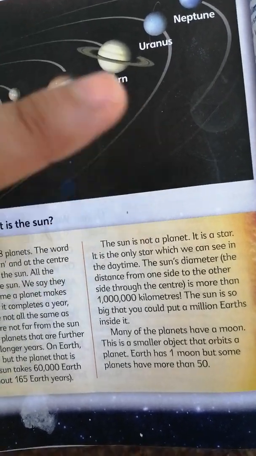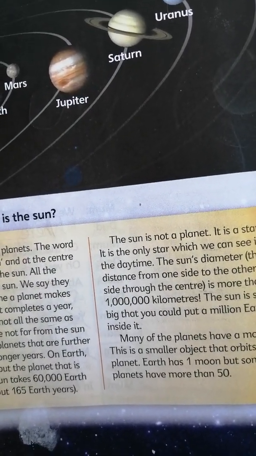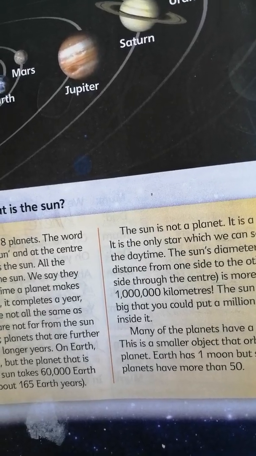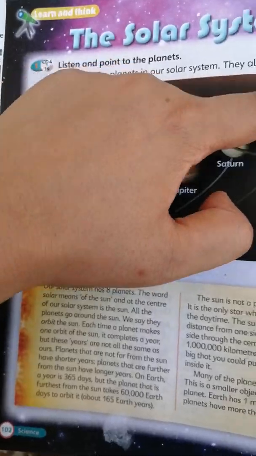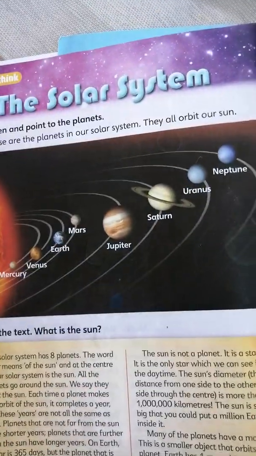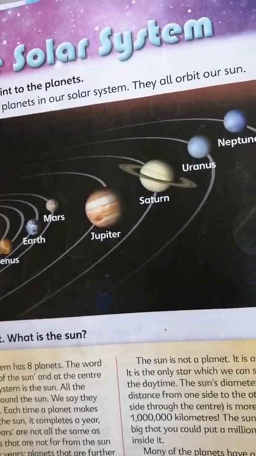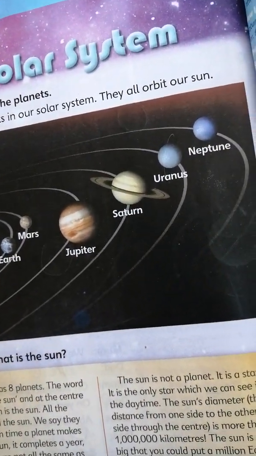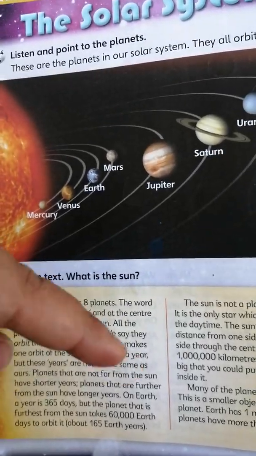Not all the same. Why, teacher? Because this one is near. It will go faster and come to this point faster, so the year will be short. But Neptune is far, teacher. So when it goes around the sun and comes to this point again, it's a long time. So the year will be longer.